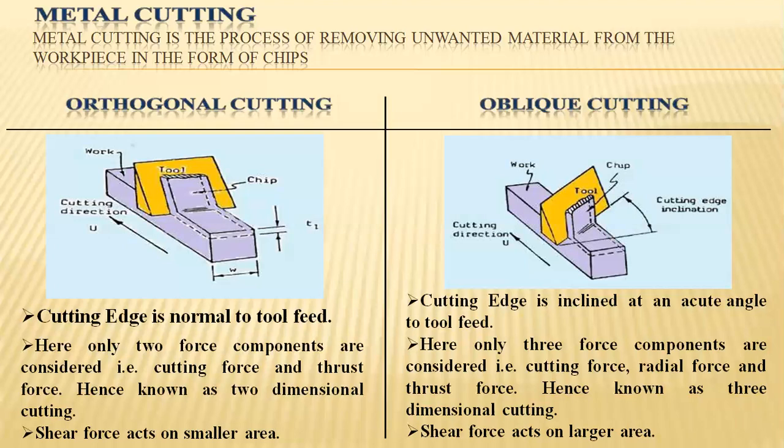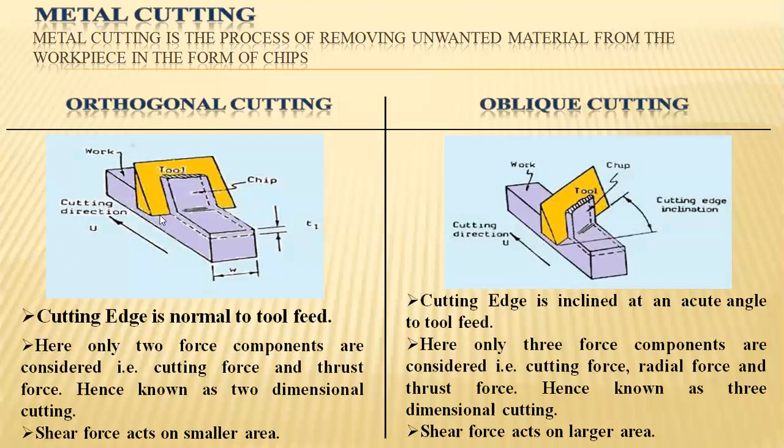As we have discussed, in the case of orthogonal cutting, the tool is maintained exactly at 90 degrees or perpendicular to the work part, as shown in the diagram. In the left diagram, the tool is exactly at 90 degrees towards the work part, and the work part will be moving in this direction, hence the tool is fixed. The work part is moving, and upon the process, the chip which has a thickness of T1, which we consider as the depth of cut, is being removed with the help of the tool.